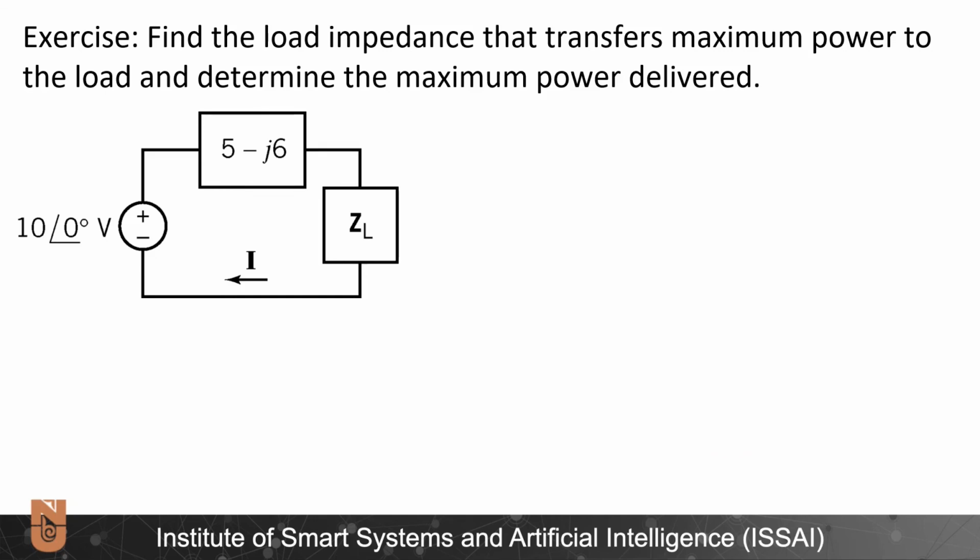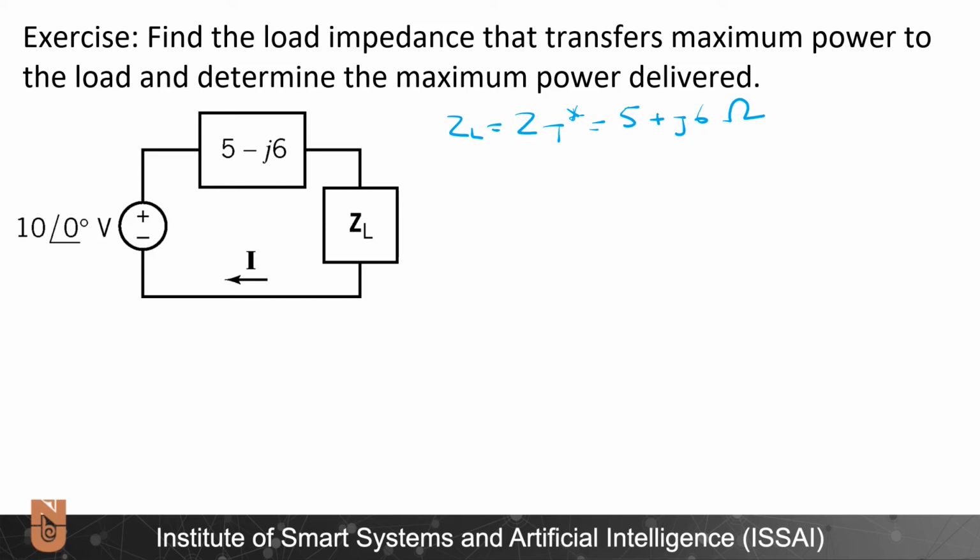Alright, let's solidify this concept by solving an example. Find the load impedance that transfers the maximum power to the load and determine the maximum power delivered. Obviously ZL will be equal to the Z Thevenin conjugate, which is equal to 5 + j6 ohms.